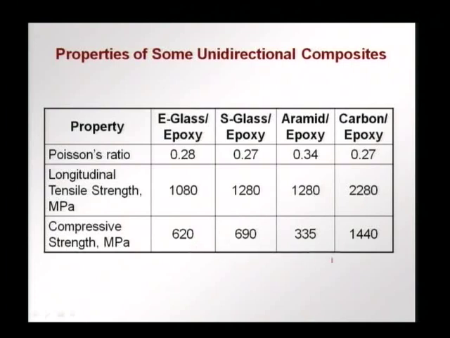Compressive strength is not really critical, because you will not generally have these fibers acting purely in uniaxial compression. However, just to see the values, again we have at the lower end something like aramid and glass, and at the higher end we have carbon FRP.